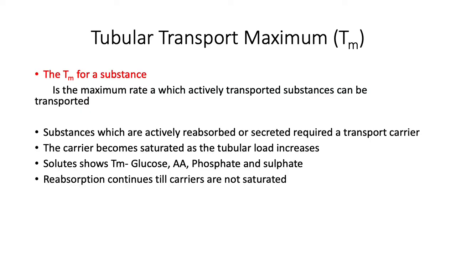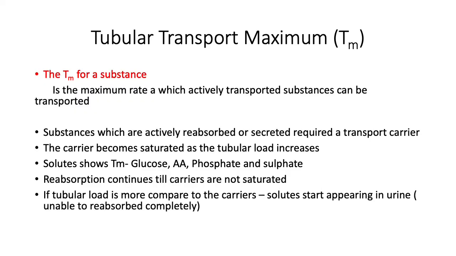Now in the tubule there are 120 solute molecules. One carrier protein can transport one glucose. So 100 are transported, and the remaining 20 stay in the tubular fluid and come out through the urine. So if the tubular load is more than the carriers can handle, the solutes start appearing in the urine, unable to be reabsorbed completely.